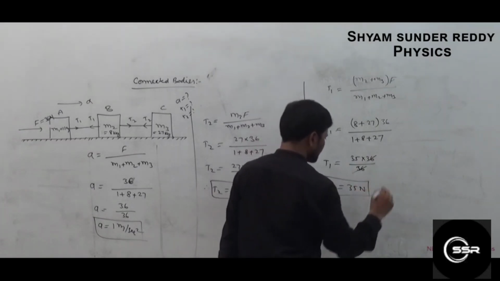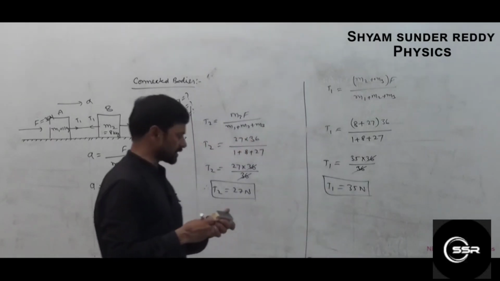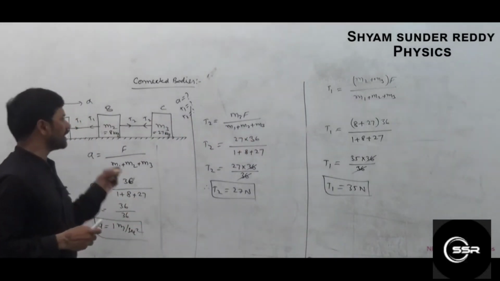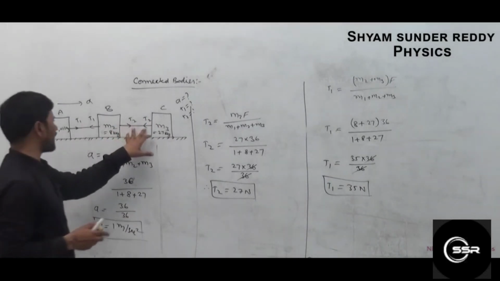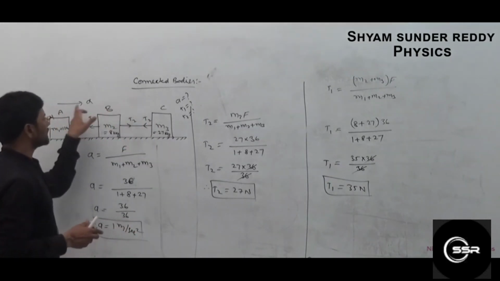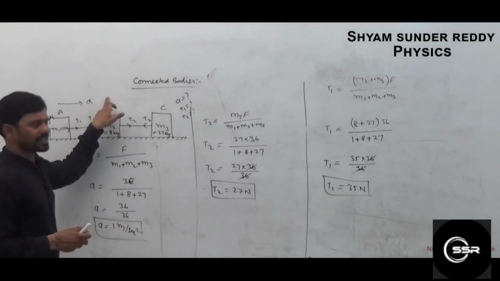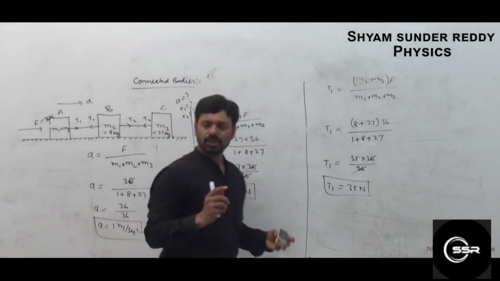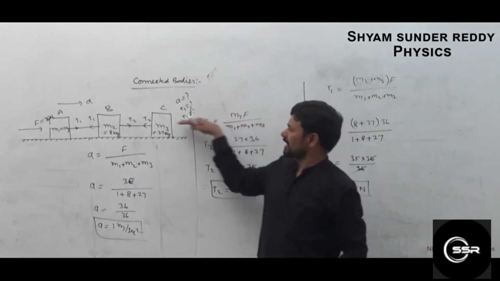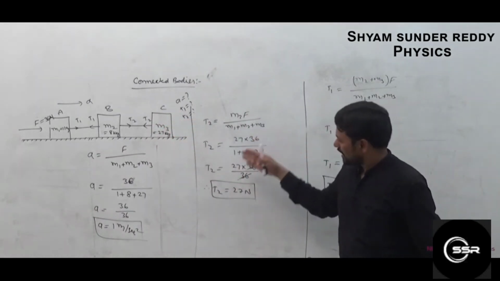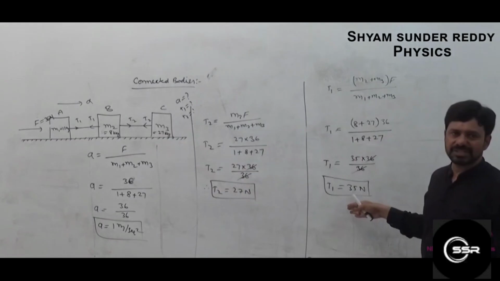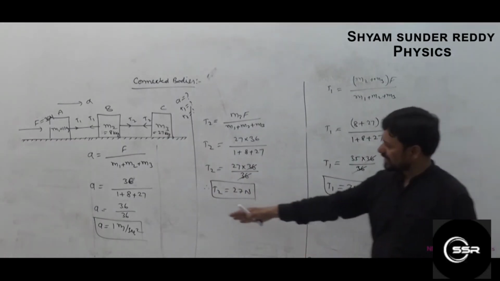This is the T1. So from this system we are finding the tensions between the blocks as well as the acceleration of the system. Look at this. If the direction is changed, then the T2 and T1 values will be changed, but the A value is constant.